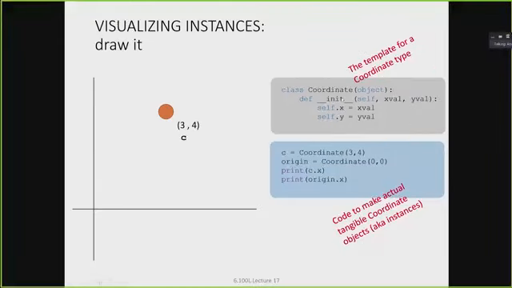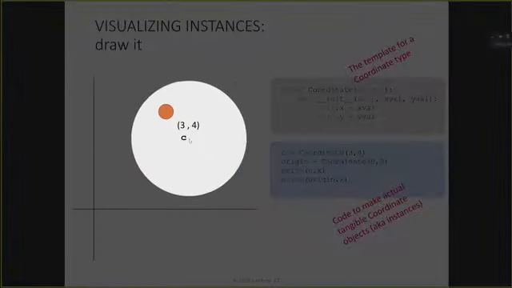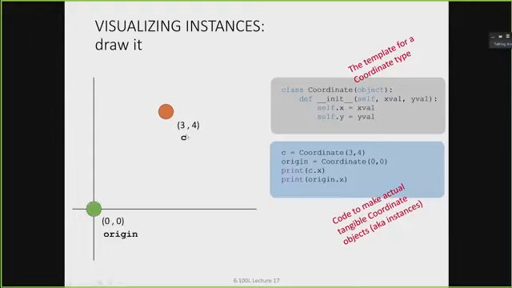When I create C is equal to coordinate 3, 4, right, visualizing what we're trying to do here, I've got this object whose name is C, and it's at 3, 4, and then I've got this object named the origin, and its x and y values are 0, 0.